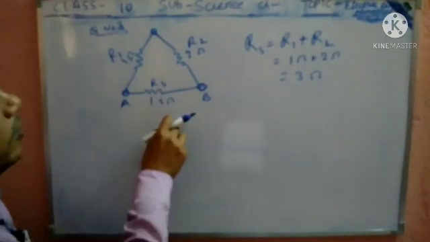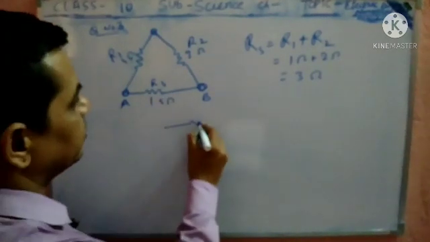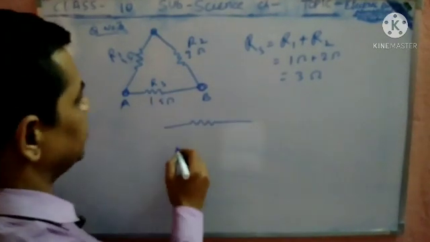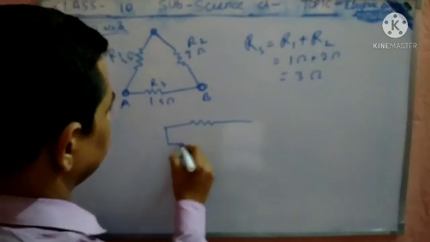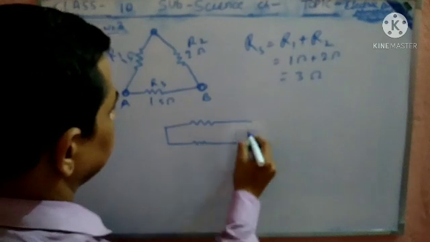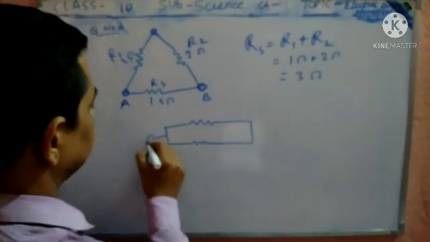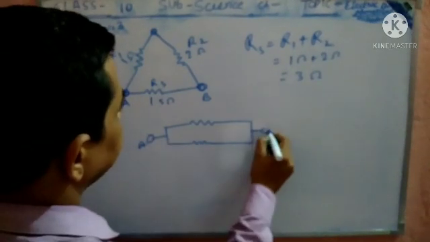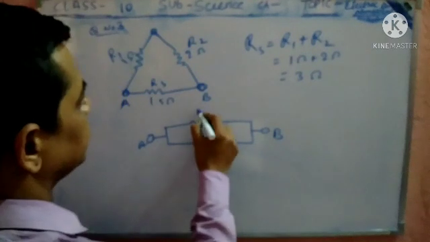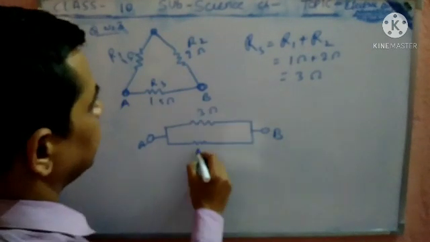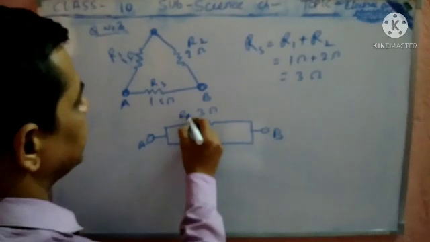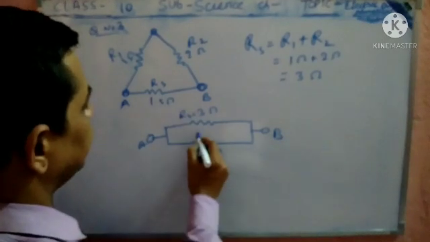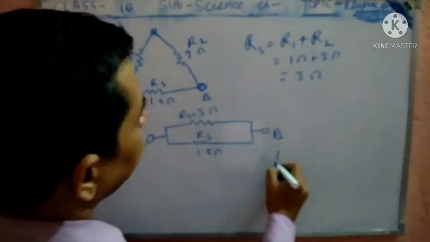Now the circuit is formed in this way, between A and B, with 3 ohm and 1.5 ohm. R series and R3 are in parallel.